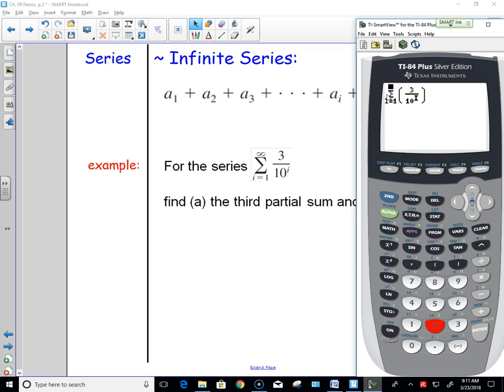Now, if I just told you there is absolutely no button in the calculator that signifies infinity, what was the hint I gave when you guys were looking for the infinity symbol? It actually says third partial sum. Partial, what does that mean? Not all the way. Sure, that sounds good. So all the way would be infinite, meaning adding them all together.